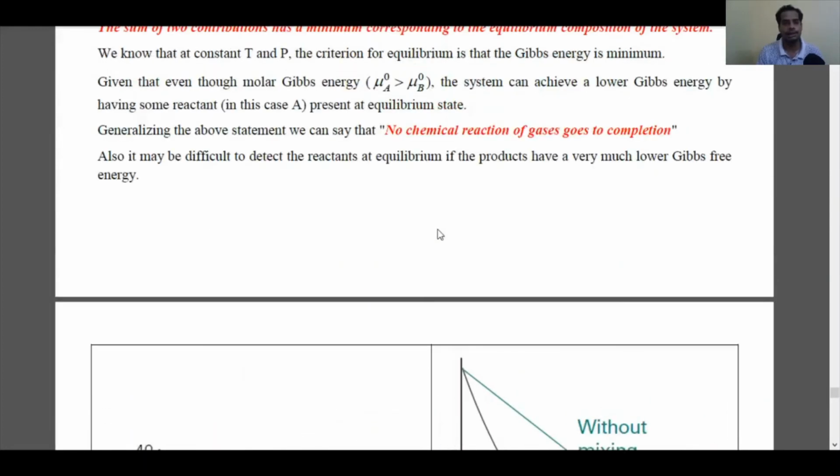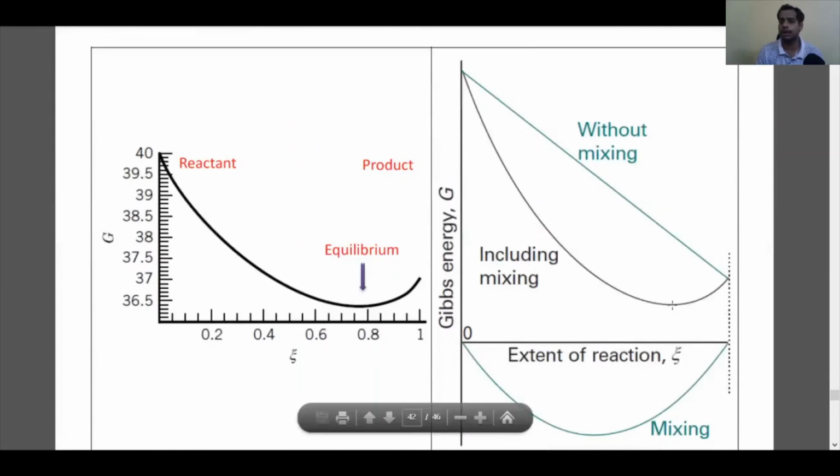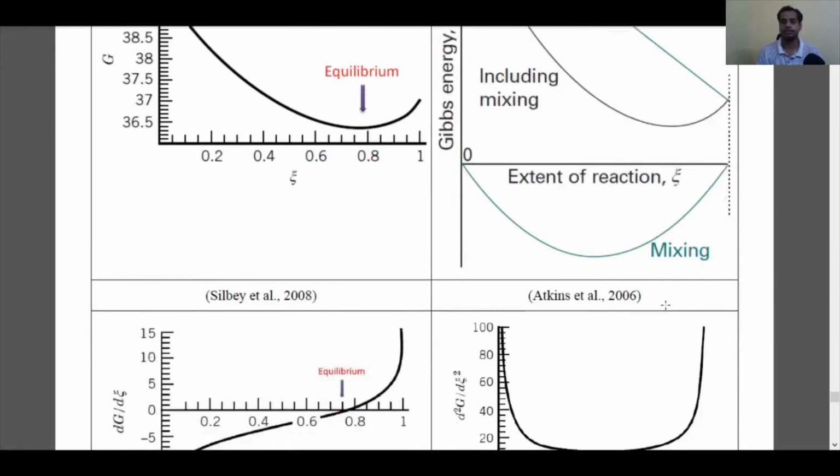So at equilibrium, the system can achieve lower Gibbs energy with some reactants present. At equilibrium, both reactants and products are present. When there is a mixing term, when gas mixing is taking place, there is no way that the reaction will go towards 100% completion.